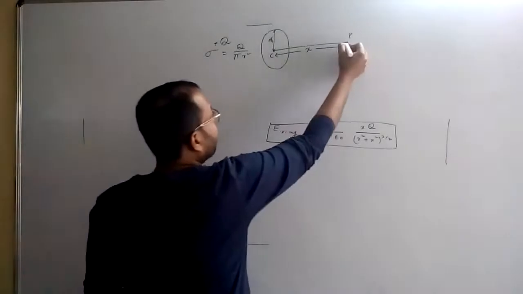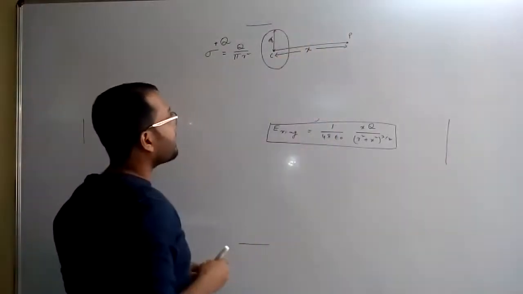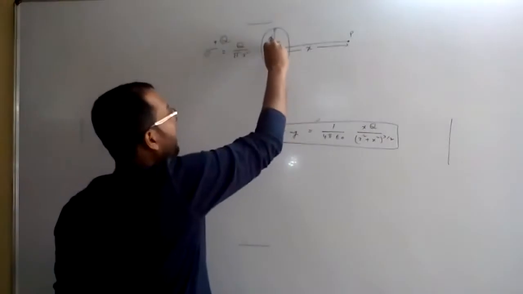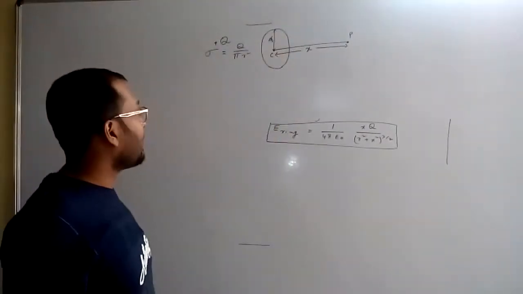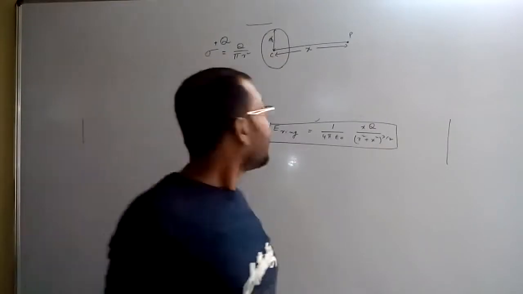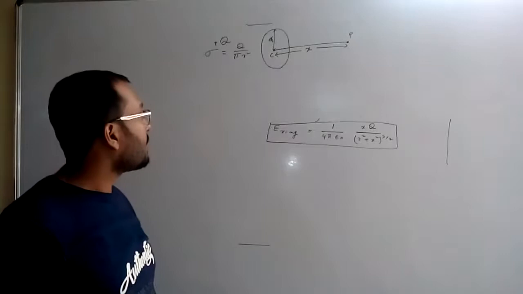To calculate the electric field at this point due to this entire disk, we imagine that the disk is made up of many concentric rings. Each ring has a very small thickness, an infinitesimal thickness.